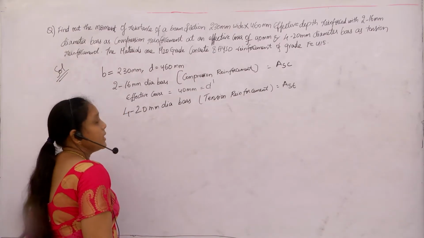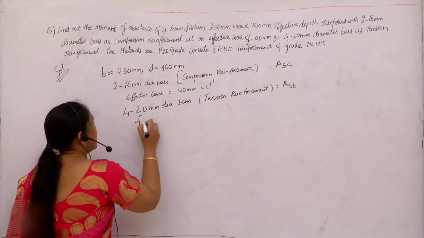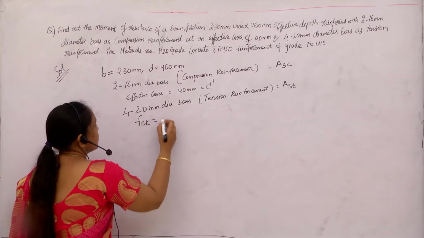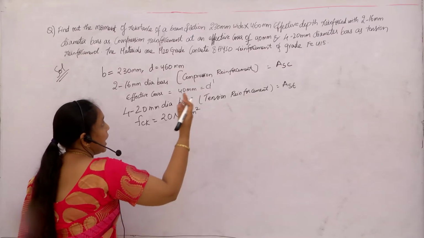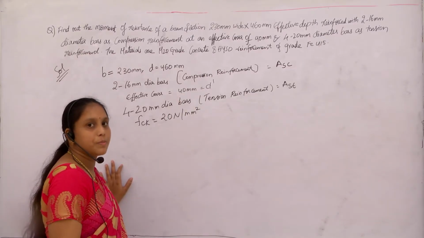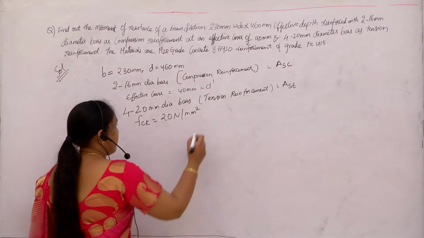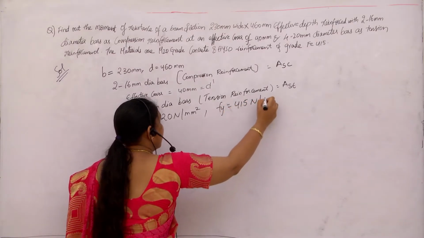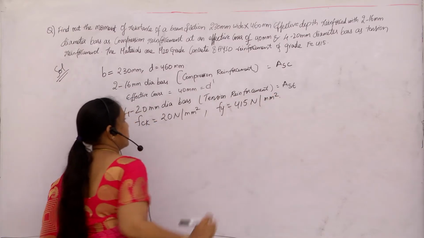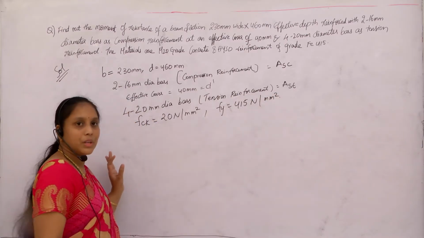And what are the materials used? M20 grade concrete is used, so that fck is given, which is 20 Newton per mm square, and HYSD reinforcement of grade Fe 415. That is, the value of fy is also given, which is 415 Newton per mm square. So these are the given data.